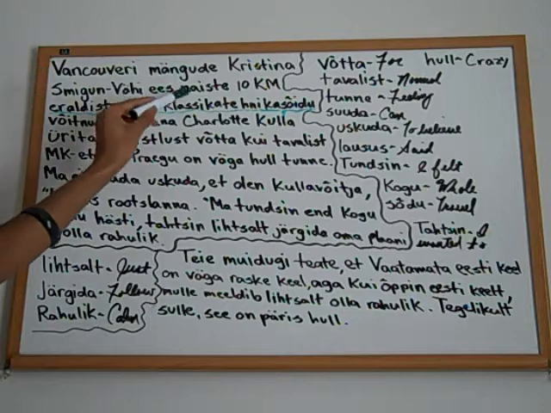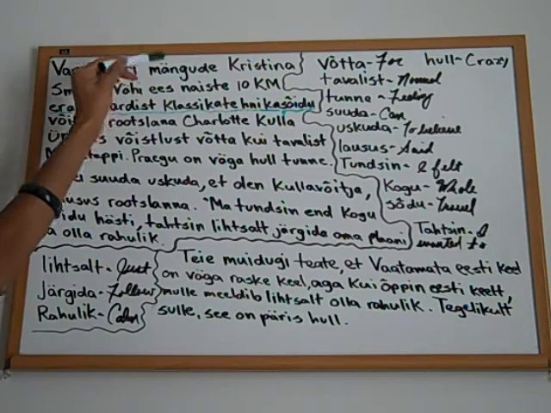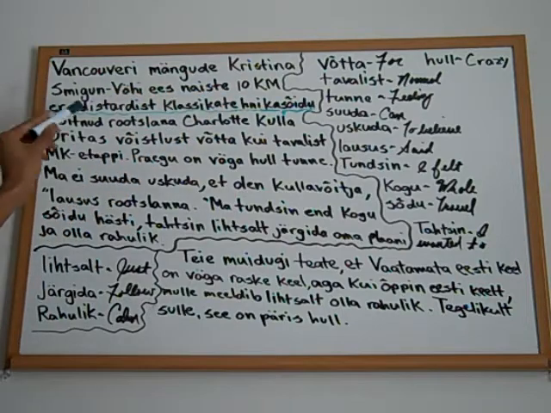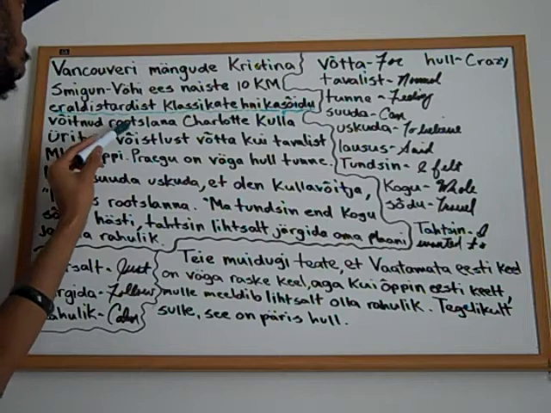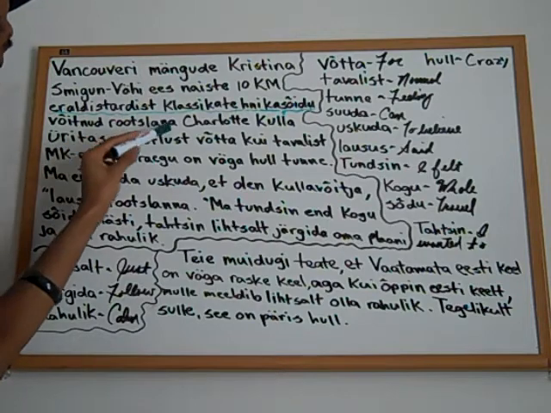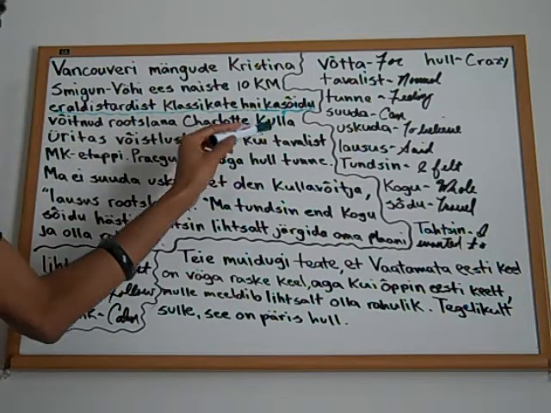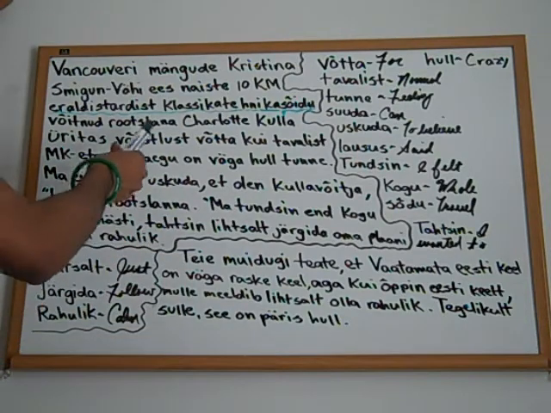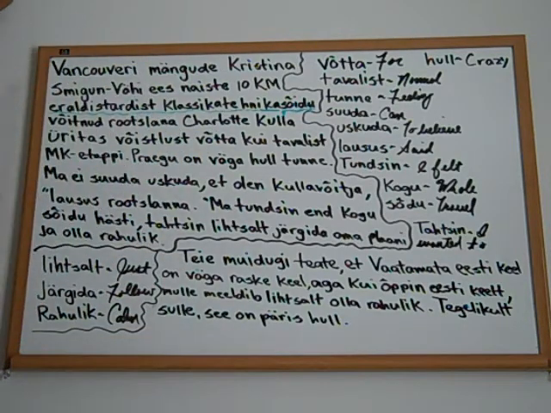But they're saying that, okay, es is like front woman, naiste is woman, 10 kilometers. So let's see, voitnud Rootslana Charlotte Kula. Charlotte, someone else named Charlotte.